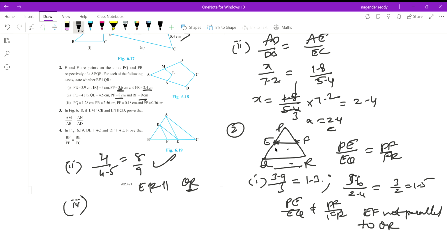Observe the third question. In the third question, 1.28 by 2.56. Here this question is different. He has given PQ as 1.2, and QU is 4.5.